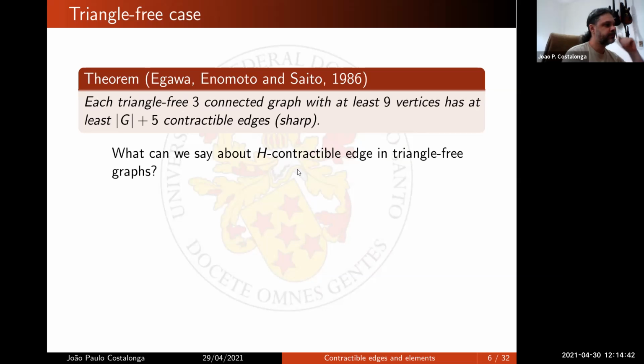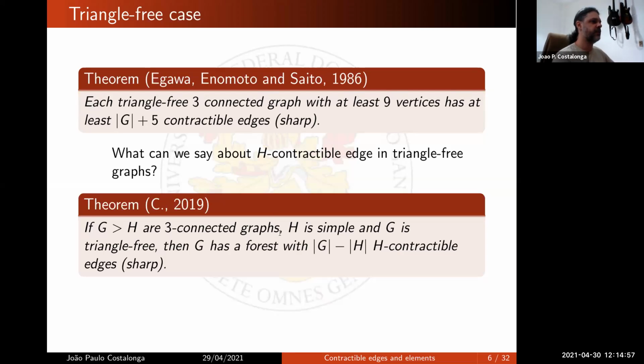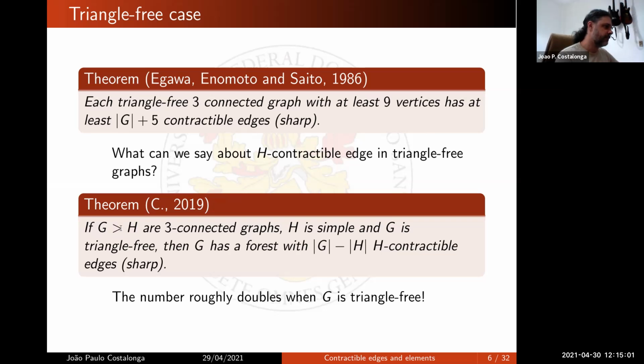But what we can say about edge-contractible, the other version, in which I want to preserve a minor, not only preserve three-connectivity. Another consequence of the main theorem is that, again, I wrote it wrong, Ctrl-C, Ctrl-V, error propagation.